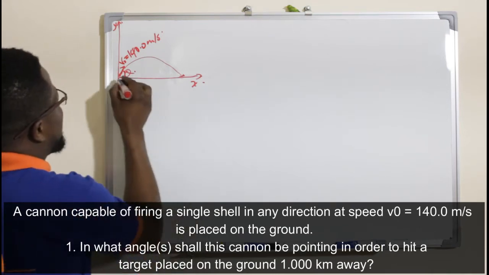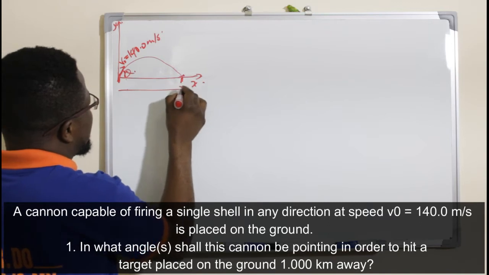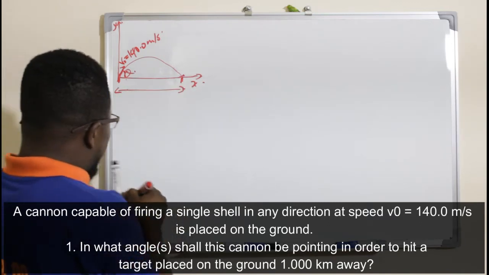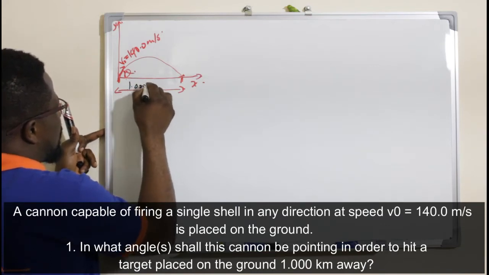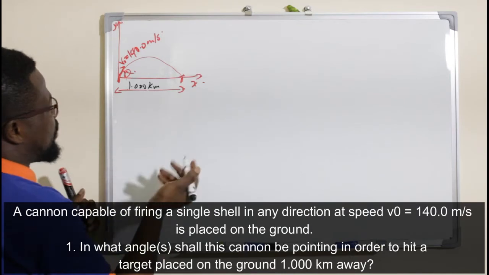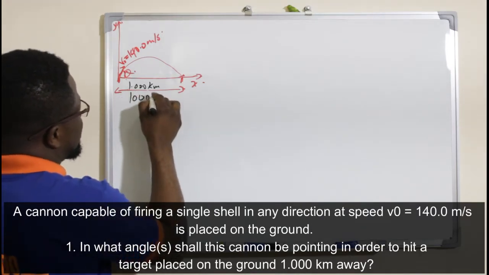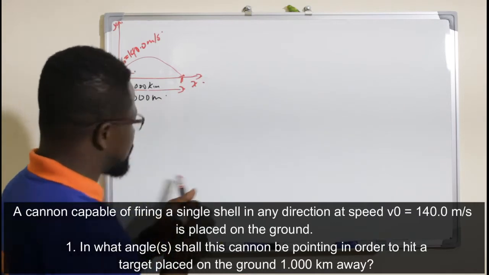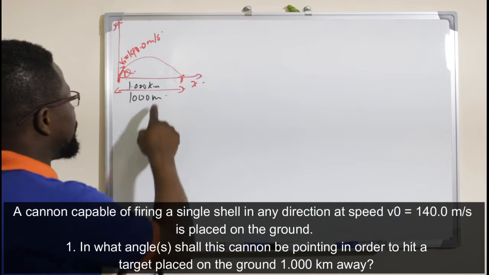And we are given from here to here, which is the range. The range is also given, and the value of the range is 1.000 kilometers. And this is equivalent to 1,000 meters, because this is in kilometers, we multiply by 1,000, and that becomes 1,000 meters.